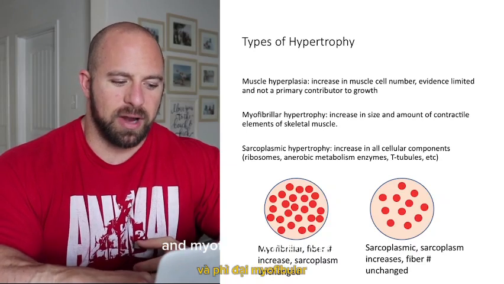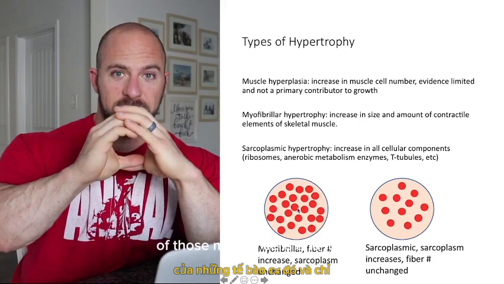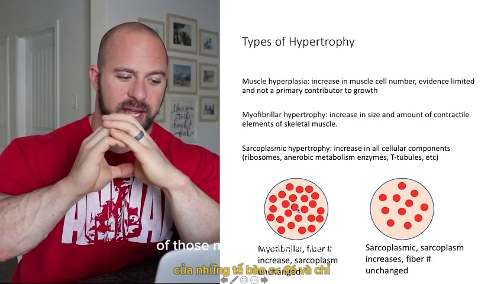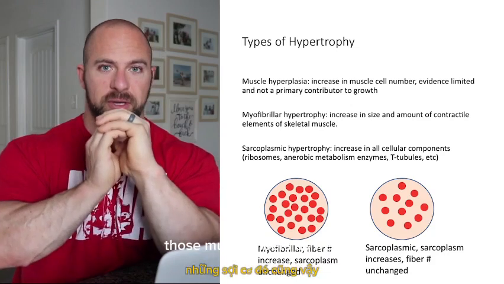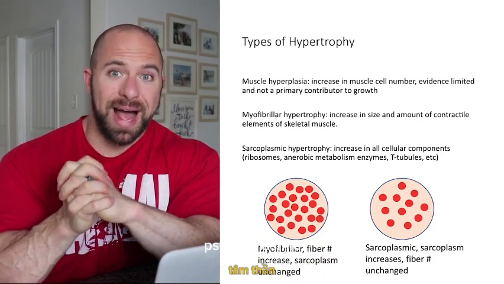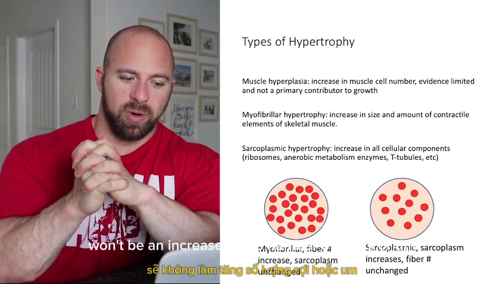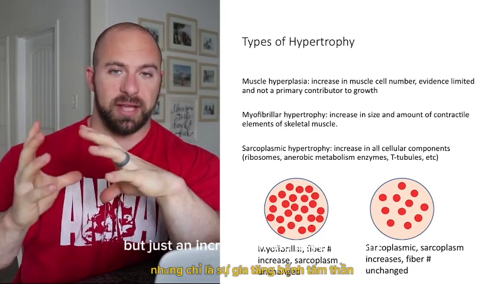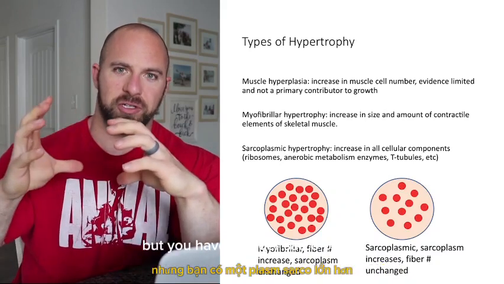And myofibrillar hypertrophy will look like an increase in the size of those muscle cells, and you can have an increase in the number of those muscle fibers as well. Sarcoplasmic won't be an increase in the number of fibers, but just an increase in the sarcoplasm. So the fibers within, you don't have any differences, but you have a larger sarcoplasm.